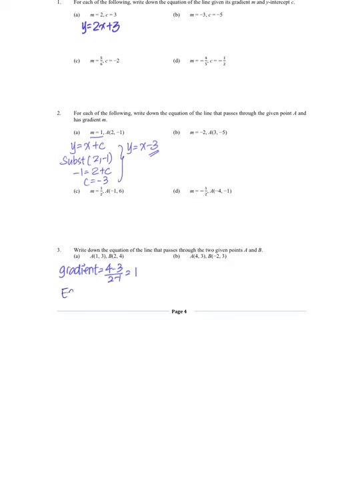Now you know the gradient is 1, so the equation is y equals 1x plus c. Substitute either point A or point B. I'm going to substitute point A. So y equals x plus c, c is 2. Therefore the equation is y equals x plus 2.